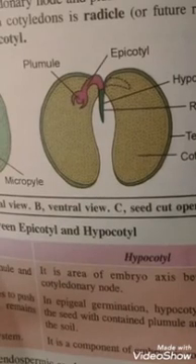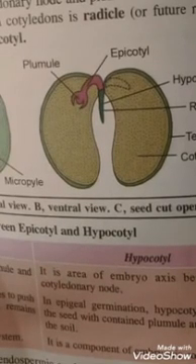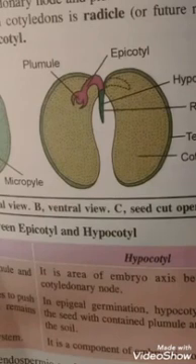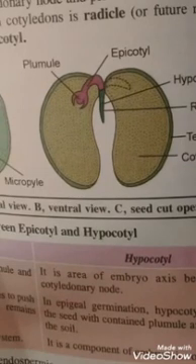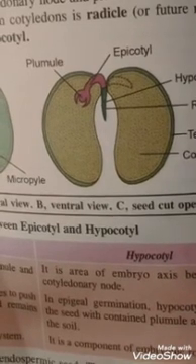Now recall the structure of ovule. You know, outermost covering of ovules are known as integuments. The outer integument is developed into testa.